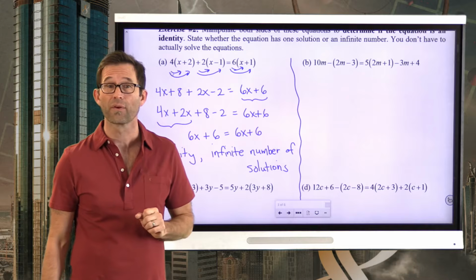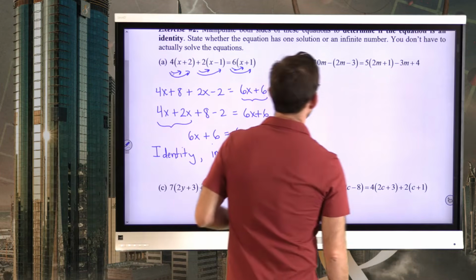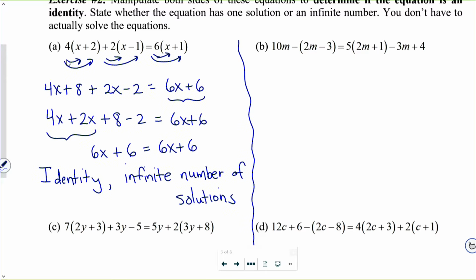Let's tackle B together. Now on this left-hand side, really, all I can do is distribute that subtraction through the parentheses. Remember how I do that? I negate everything. I change the sign of everything within the parentheses so that 2m minus 3 becomes negative 2m plus 3. Now on this side of the equation, I'm going to distribute the 5.